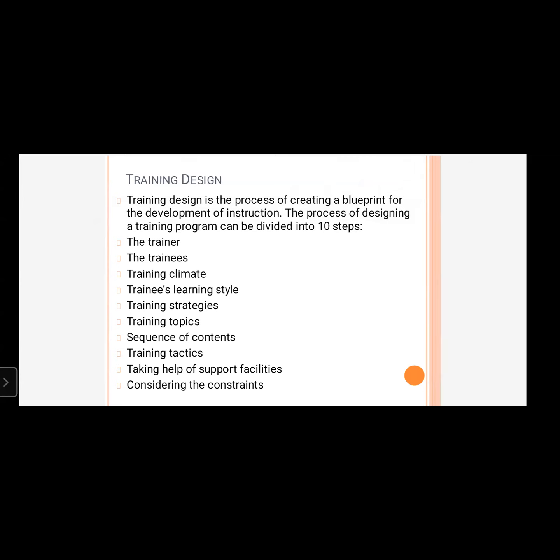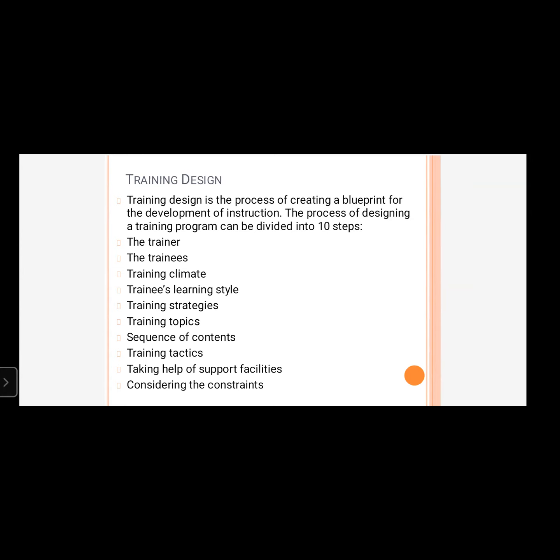So that is trainees' learning style, because the ultimate aim of every training program is what? That the trainees should learn. If they have not learned during the training program, it is unsuccessful.